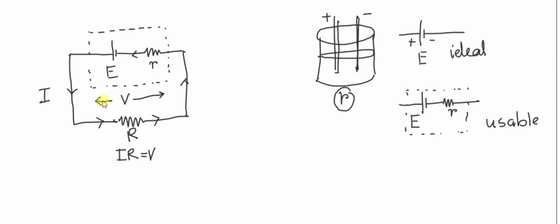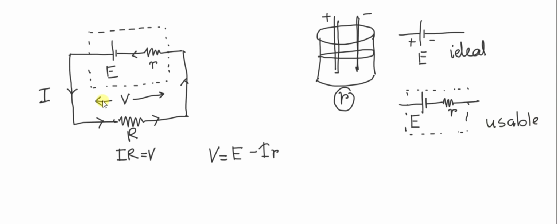But this V is the EMF E minus Ir, where Ir is the potential drop across the internal resistance. You cannot get this potential drop. We can say this is the lost volt of the cell, which you cannot use.